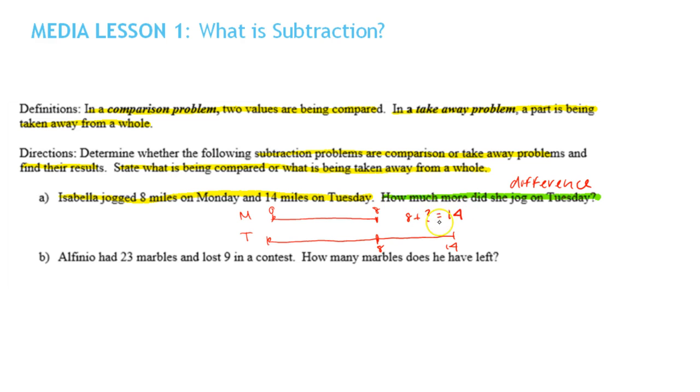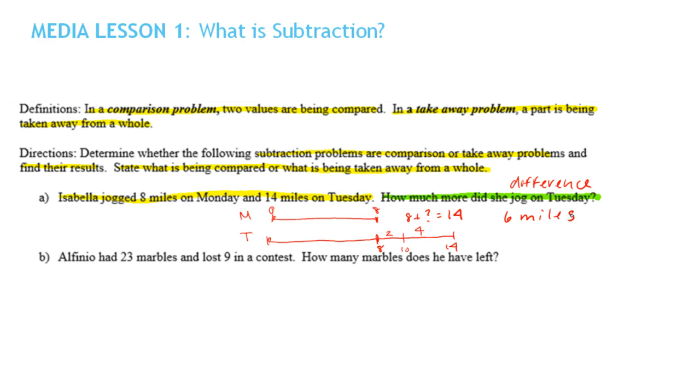That's not writing it as subtraction, but we're going to translate it into subtraction in just a minute. To get from 8 to 10, that would be 2. 10 to 14, that would be 4. So 8 to 14 is a total of 6 miles. So she went 6 miles more on Tuesday.